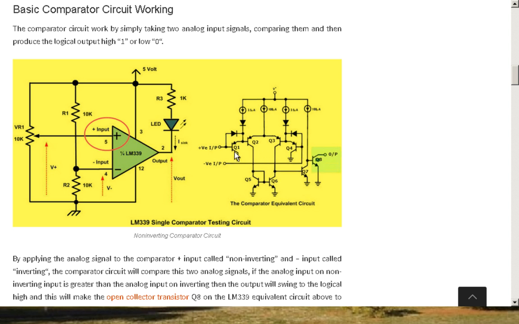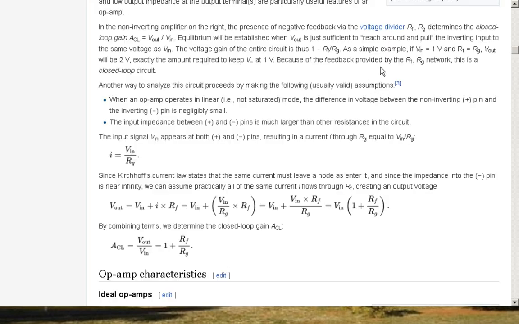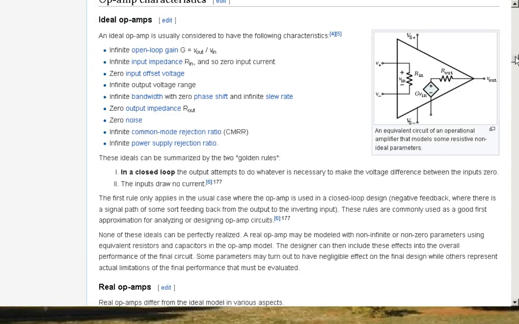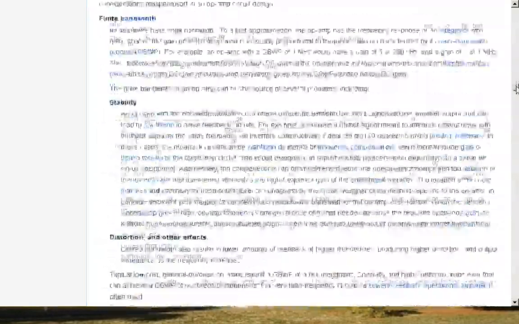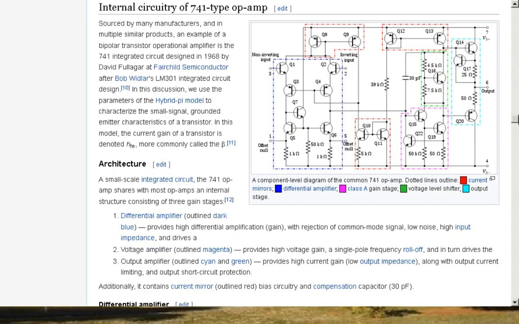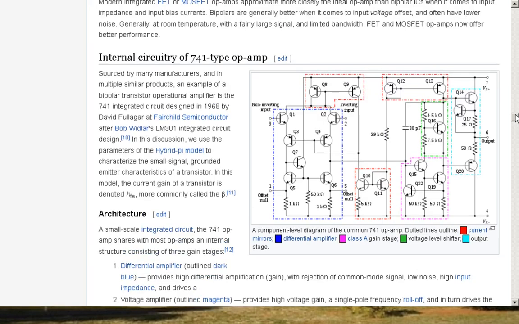So you can see there's diodes, there's transistors kind of linked together on the right here. And then you've got an output transistor and such. And if we look at the op amp inner workings, see, here's the problem, it's so hard to explain this.